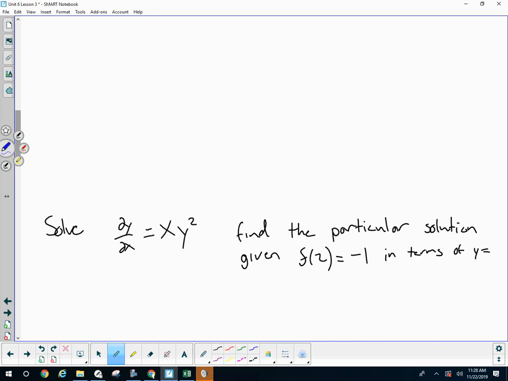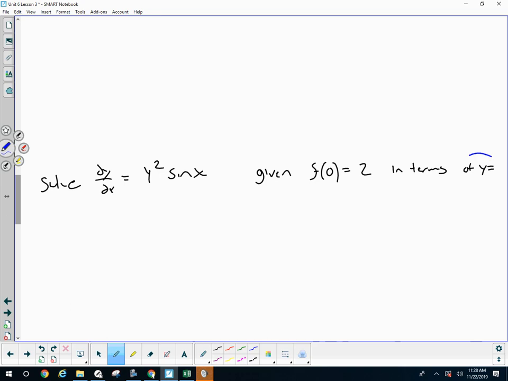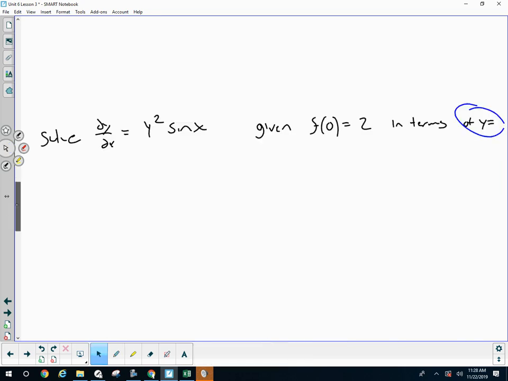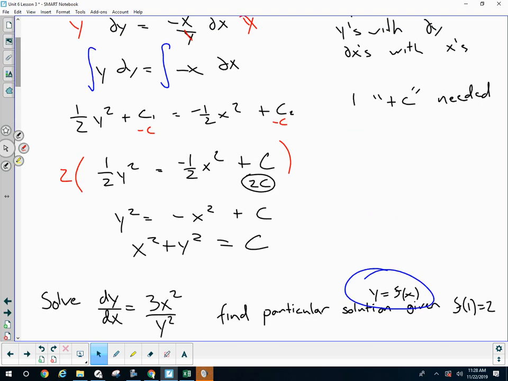What we will find is that there will be some situations where solutions are not functions. If I solve this for y, I'd get y equals plus or minus root of negative x squared plus c. This is not a function, but we will be asked to have our solutions as functions, which means we will need either the positive half or the negative half, which we'll decide based on our initial condition.